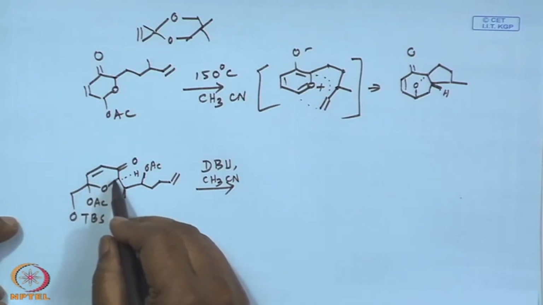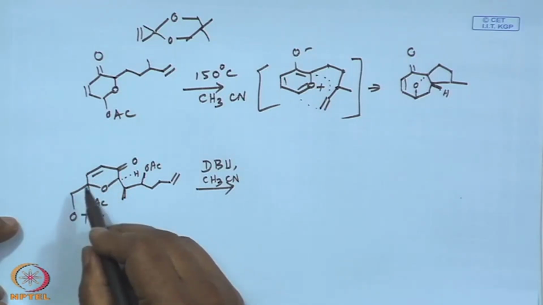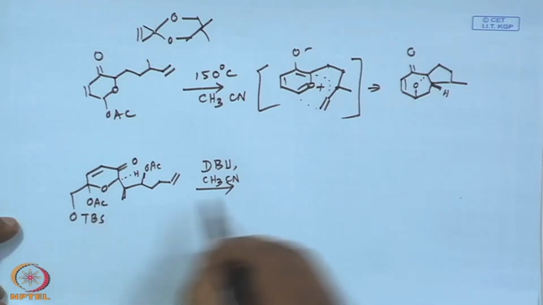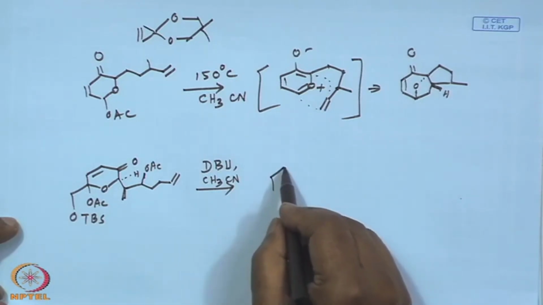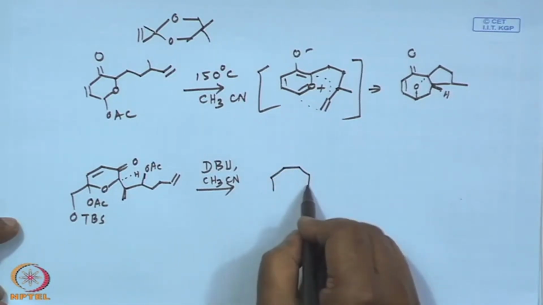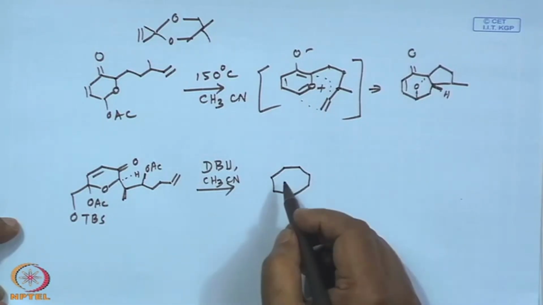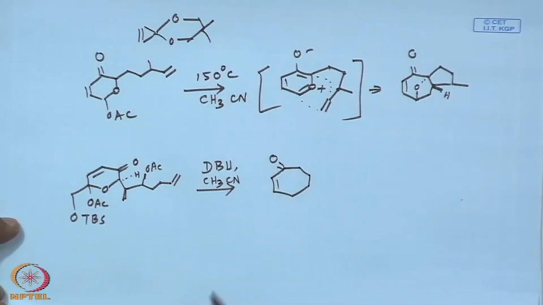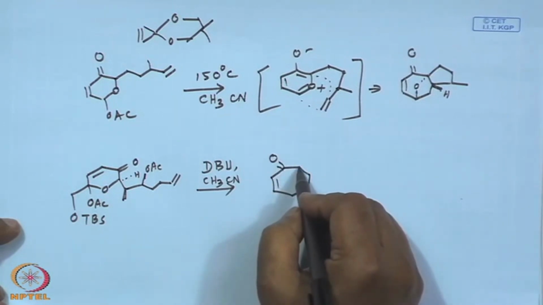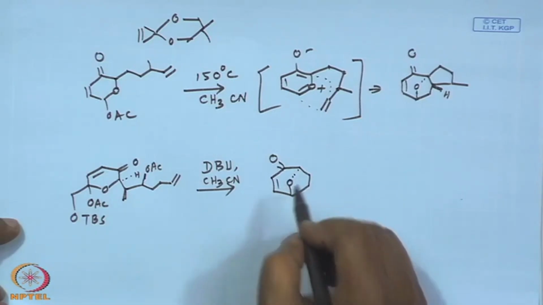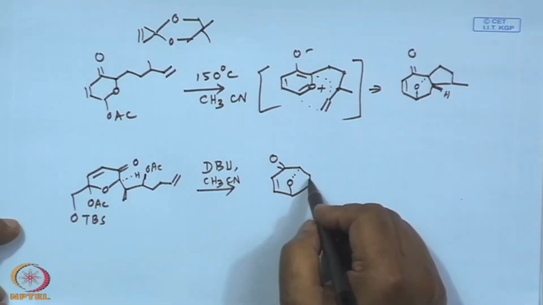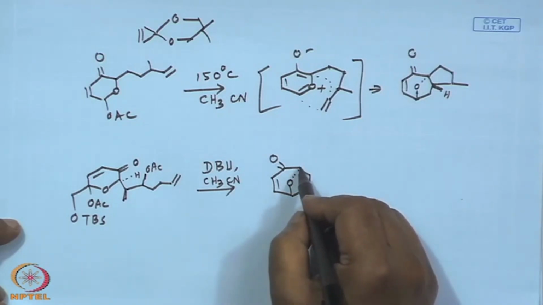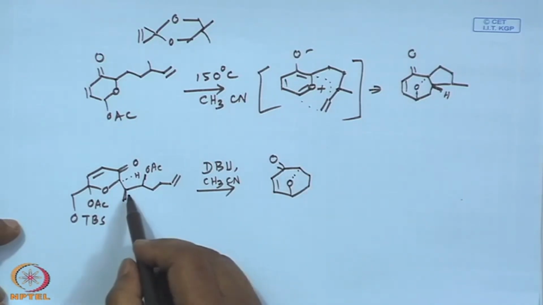That means the 2 and 6 positions of the pyrone system, and it will look like a 7 membered ring alpha beta unsaturated system. The next carbons are linked through this oxygen here, and the rest of the 2 carbons come from the double bond part.